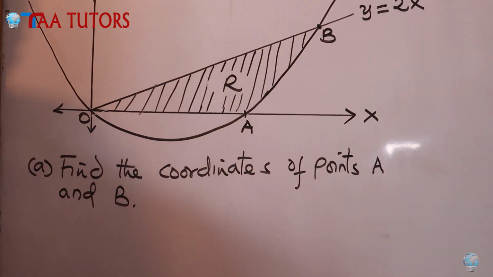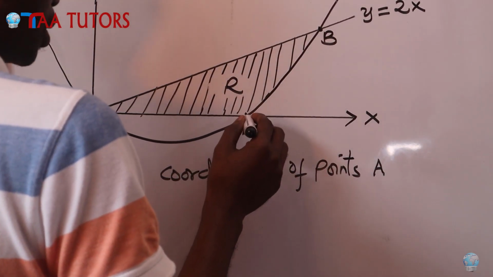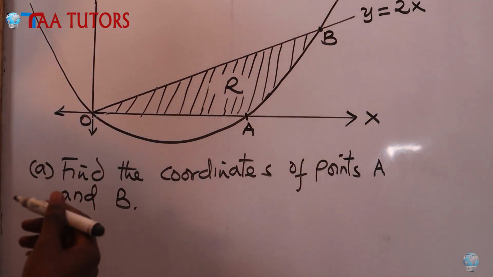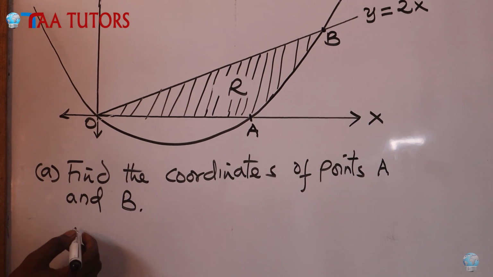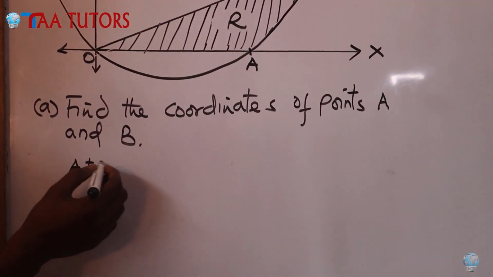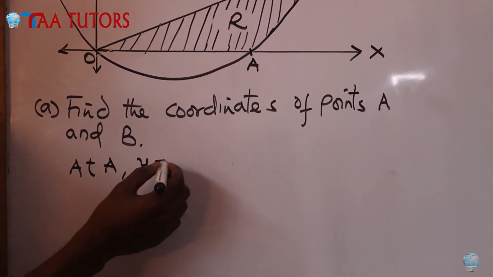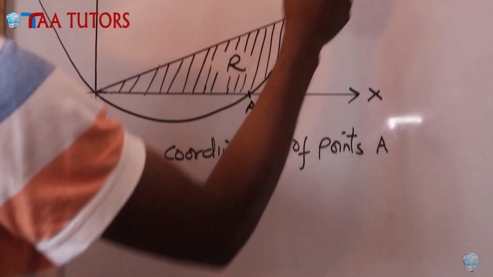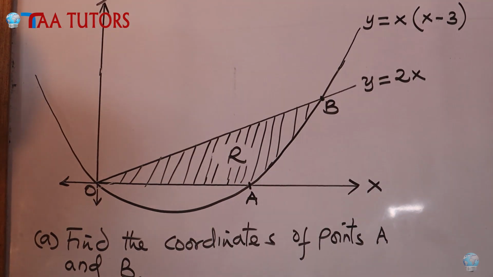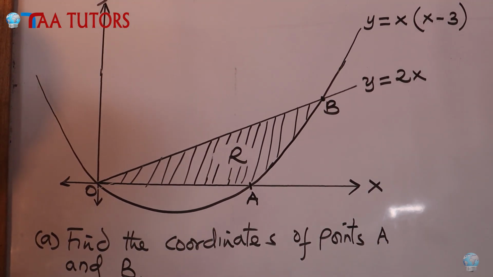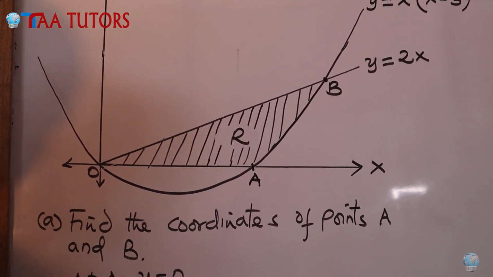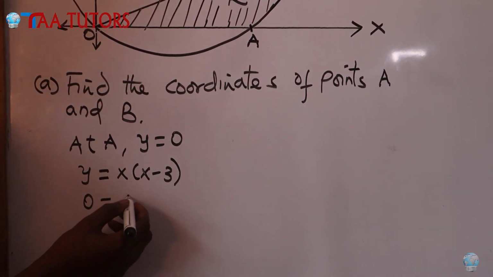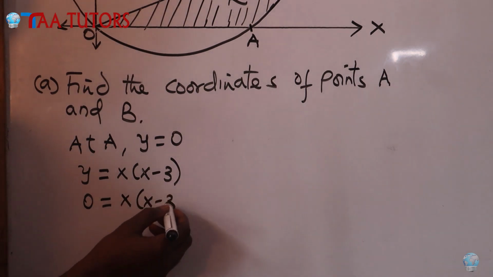We know that point A is an intercept. Point B is the point of intersection of two lines. So let's start with point A. We know that at A, the value of y is 0. So if I take that curve, y equals x into x minus 3, and I know y equals 0, so it will be 0 equals x into x minus 3.